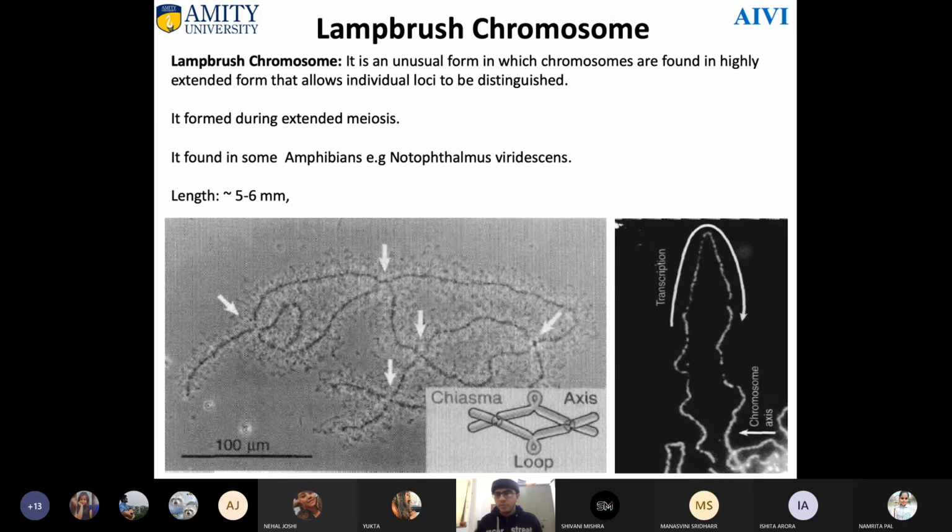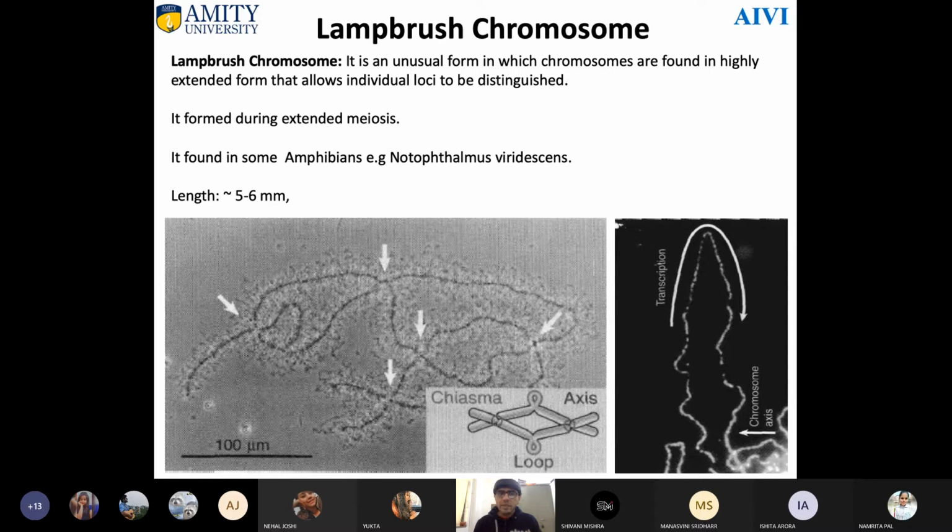Okay, so another useful feature in your DNA is the large chromosome. That large chromosome is the lampbrush chromosome. As a brush is there, it has a brushy-like appearance, that we call a lampbrush, like your lamp cleaning brush. It's an unusual chromosome, found extended, and allows individual loci. It is not found in everyone.